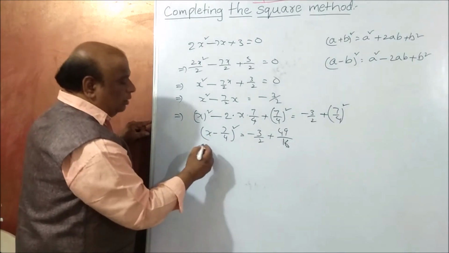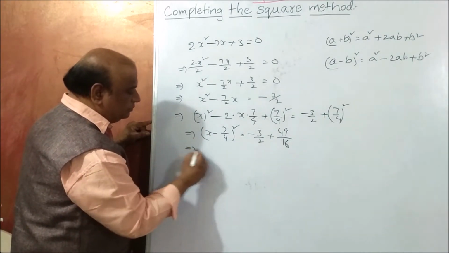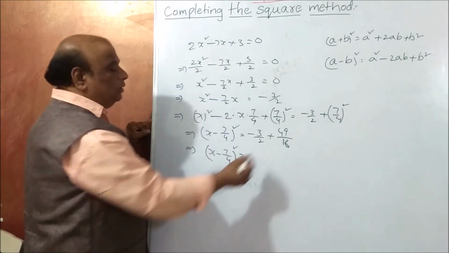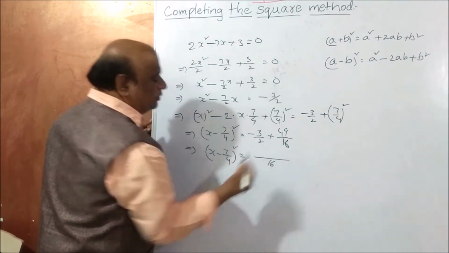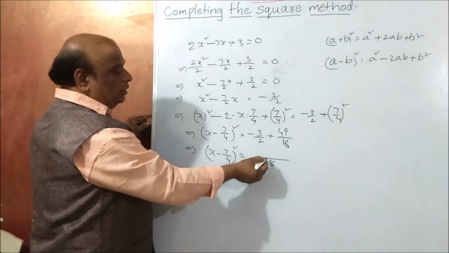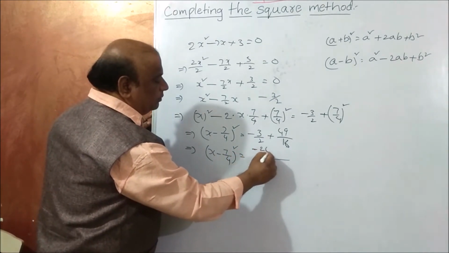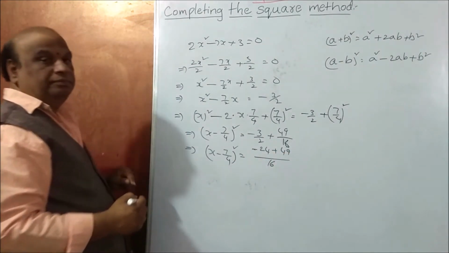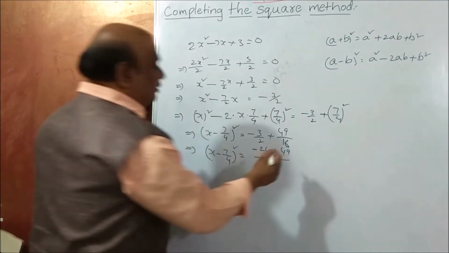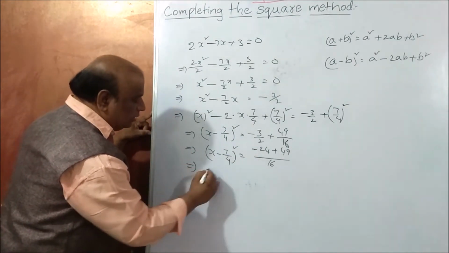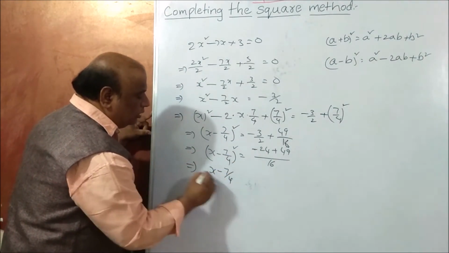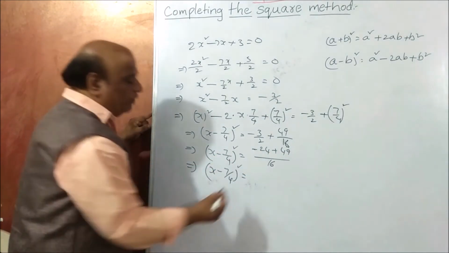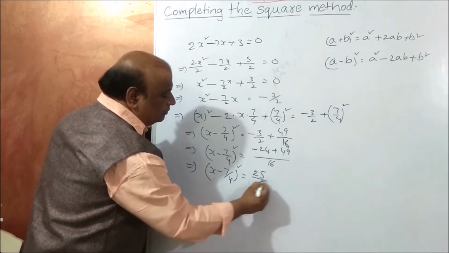Now x minus 7 by 4 whole square is equal to, taking LCM 16, 16 here minus 24 plus 49. So x minus 7 by 4 whole square is equal to 49 minus 24, 25 by 16.